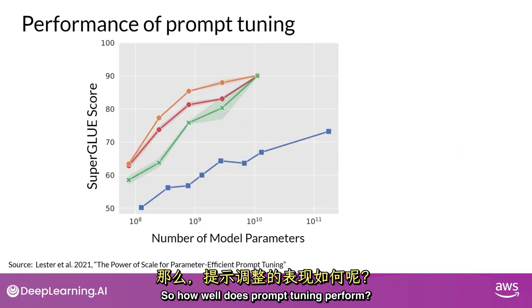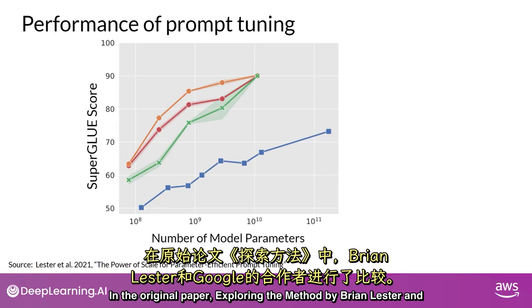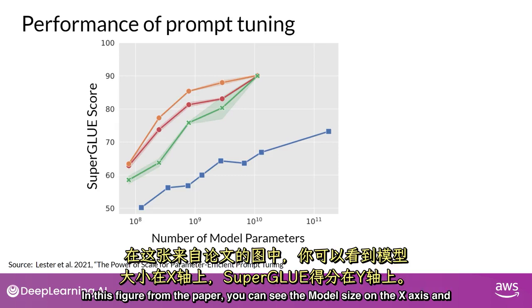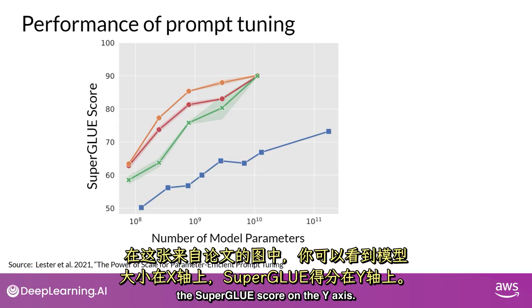So how well does prompt tuning perform? In the original paper exploring the method by Brian Lester and collaborators at Google, the authors compared prompt tuning to several other methods for a range of model sizes. In this figure from the paper, you can see the model size on the x-axis and the SuperGLUE score on the y-axis.